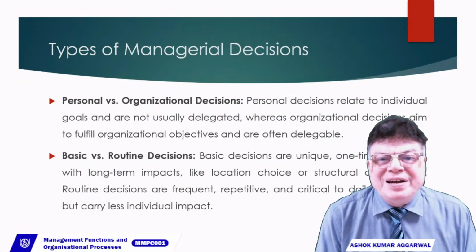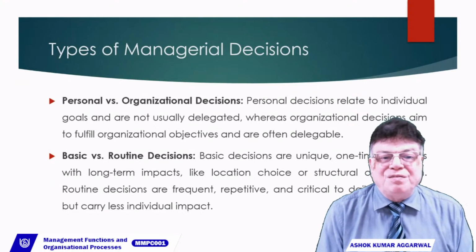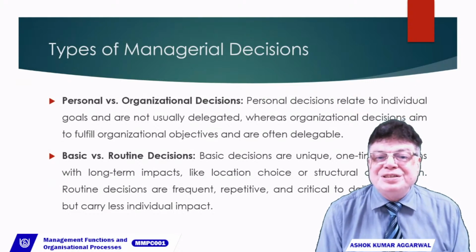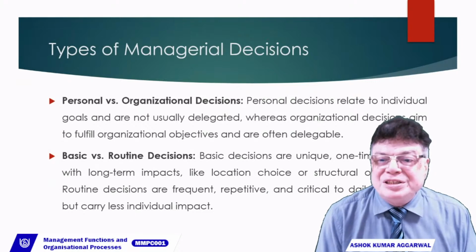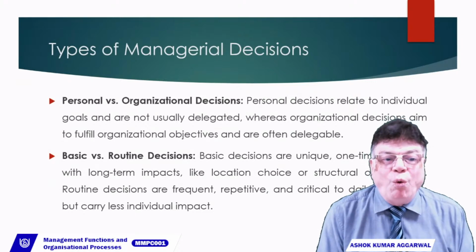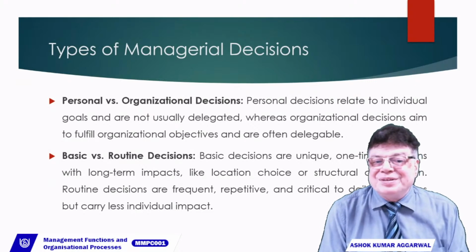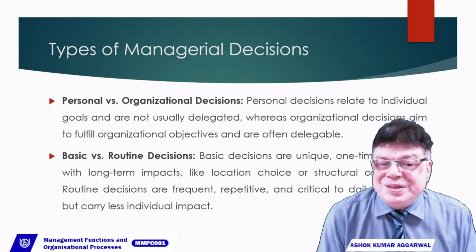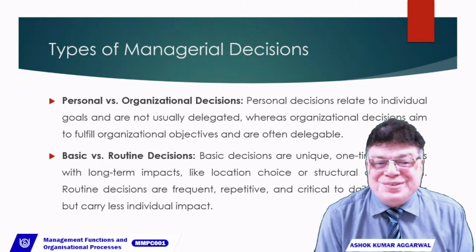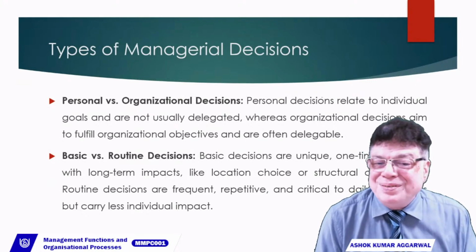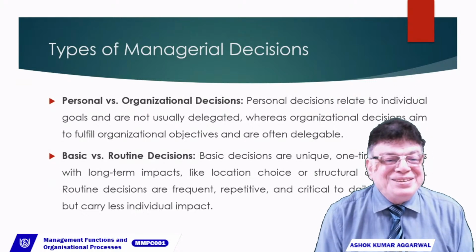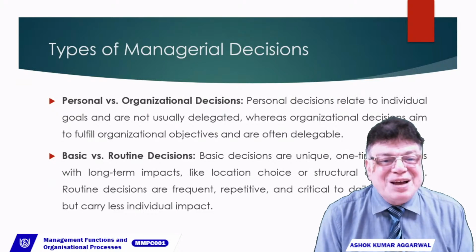Types of managerial decisions: personal versus organizational decisions. Personal decisions relate to individual goals and are not usually delegated. Suppose you have decided to go for IAS, so you will do studies day and night for the exam.